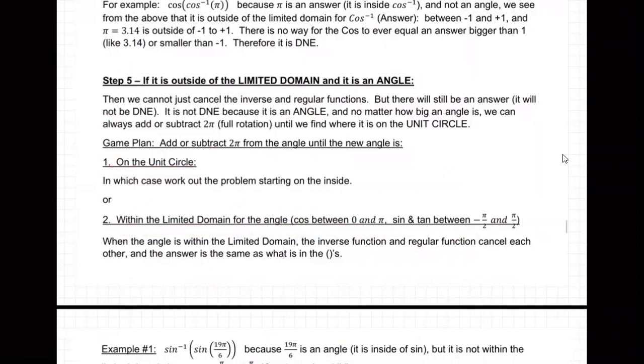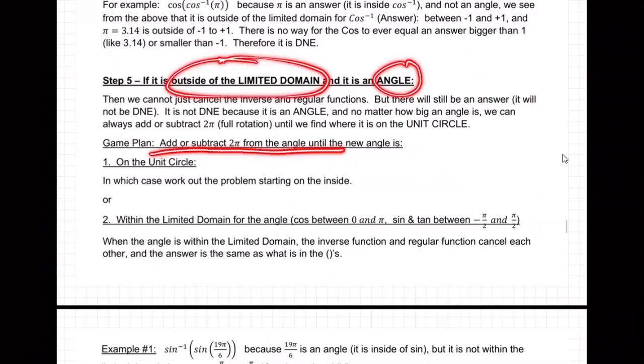Trying to make this as clear as I possibly can. When you've got an angle outside of the limited domain, you add or subtract 2 pi, watching all the while to see if one of 2 things happens. Does it suddenly appear on the unit circle?